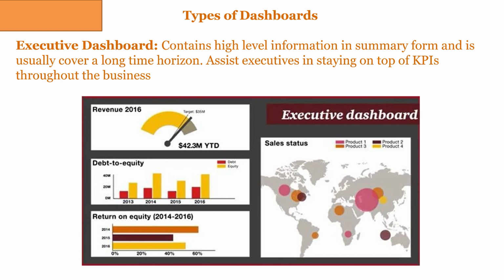They have a target of about $35 million and they have exceeded their targets by almost $10 million. So you can see the targets line here, and then here they are. So they have to look at the debt to equity, their sales status across different products and in different regions and all that. So those are the things that are important to the CEO or the executive.